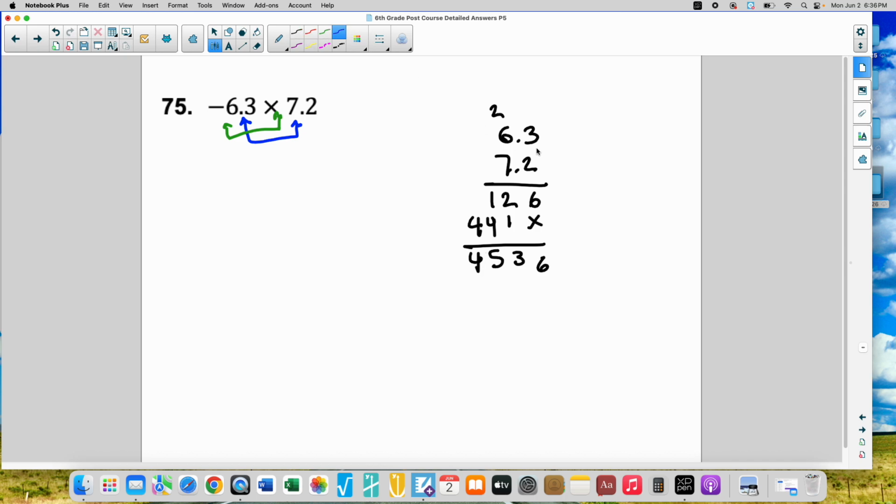And now we have 1 decimal place, 2 decimal places. So we're going to start here. We start to the most right, move it 2 places, put that decimal point in there, and we get a positive times a negative is a negative 45.36. And that is our easy answer. Just making sure. Perfect.